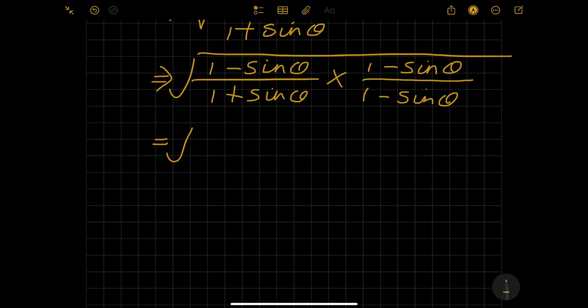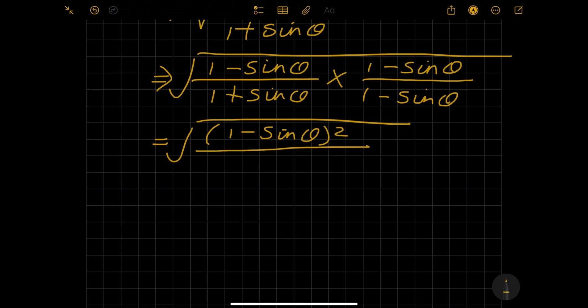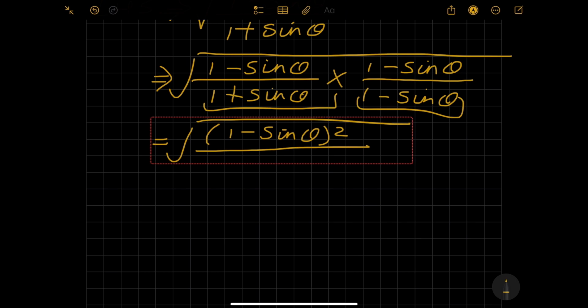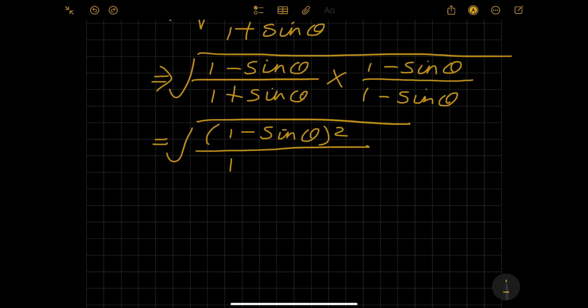Now we'll solve this. So (1 subtract sin) times (1 subtract sin) gives the whole bracket squared: (1 subtract sin theta) squared, upon, this is a plus b and this is a minus b, so it gives us a square minus b square. So we can write it as 1 subtract sin square theta.